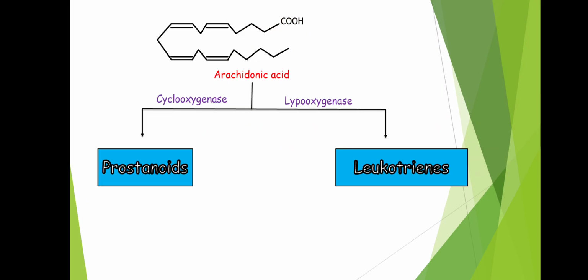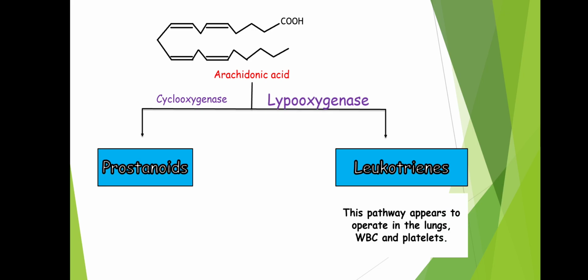Next, we will check out the lipooxygenase pathway. This pathway appears to operate in lungs, white blood cells and platelets. On arachidonic acid acts the enzyme lipooxygenase, that is 5-lipooxygenase, in the presence of a protein known as FLAP protein. FLAP means 5-LOX activating protein.